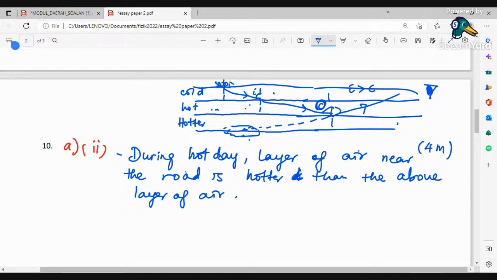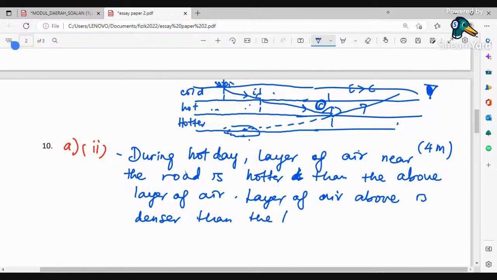Or we can say the layer of air above is denser than the layer of air below, closer to the road.